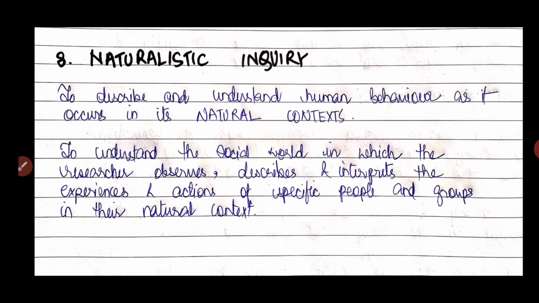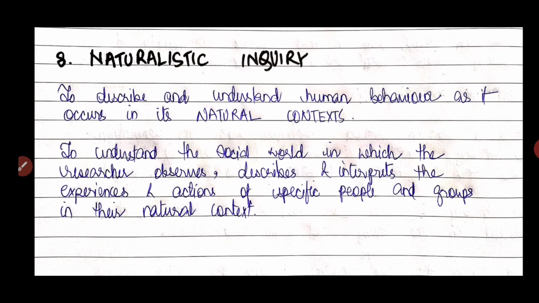Okay? Naturalistic inquiry. In this type of research, the researcher tries to describe and understand human behavior as it occurs in its natural context. Naturalistic inquiry is not experimental. It is non-experimental. What's done here is the organisms are observed and studied in their natural settings.